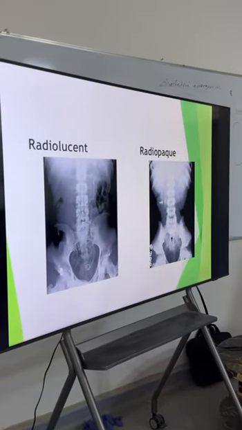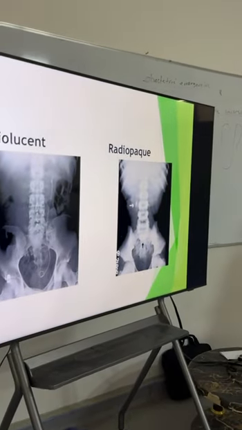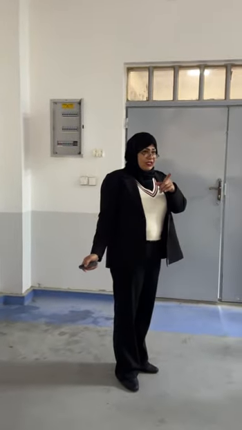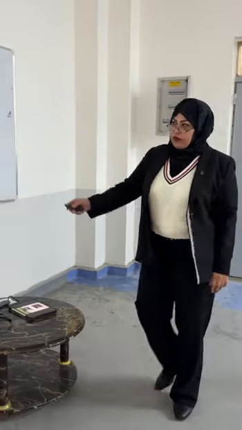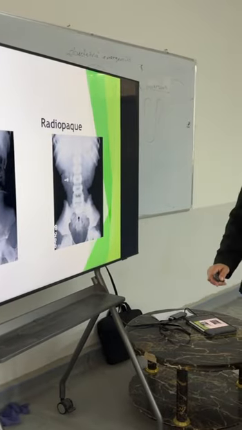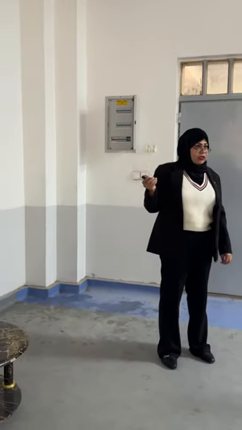The level of the kidney, of the renal shadow. D12, yes? L4. L4, excellent. So from here to here, this is the shadow of the renal area. And now we can say this is a radio-opaque lesion within the right renal area.